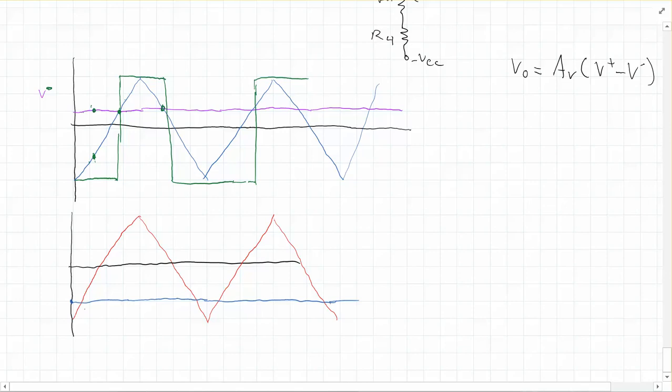Whenever the red curve is below the blue line, we're going to saturate to the low voltage. So what do we get on an output? Well, we'd start off down like this, but then we'd be all the way up here. Saturate down.